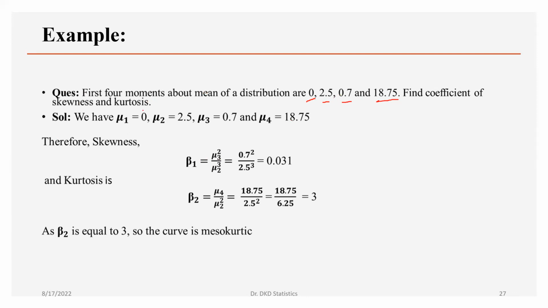We use the formula beta 1 equal to mu 3 squared divided by mu 2 cubed, put in the values and find the result. Kurtosis is beta 2 equal to mu 4 divided by mu 2 squared. We put in the values and find beta 2 equal to 3, so we can say our curve is mesokurtic. This is the example we need to understand.